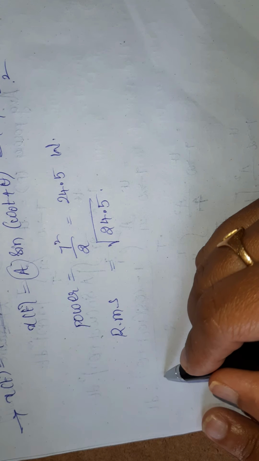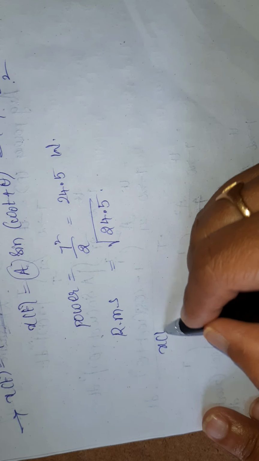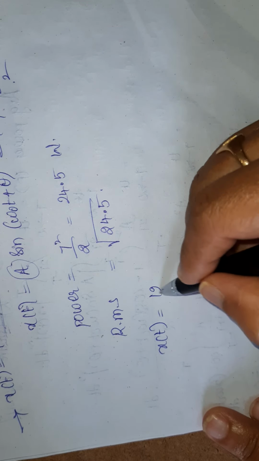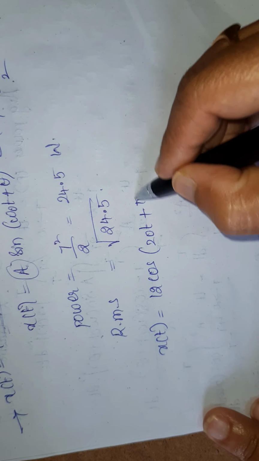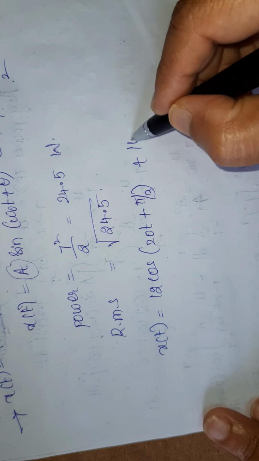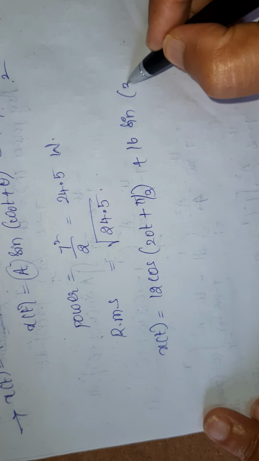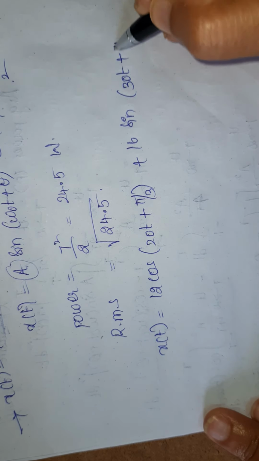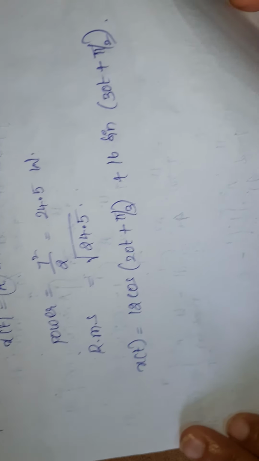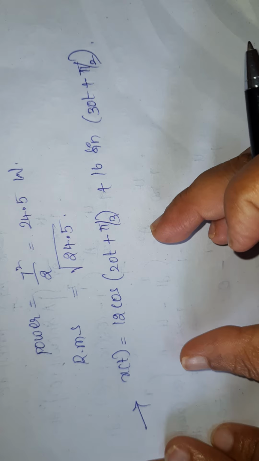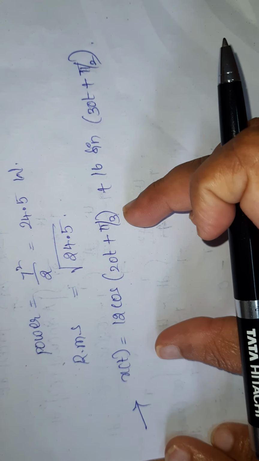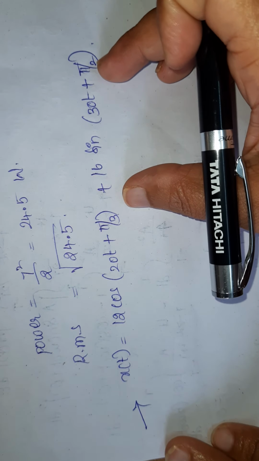Similarly, try this problem. x of t is equal to 12 cos(20t plus pi by 3) plus 16 sin(30t plus pi by 2). Here we have two signals added together.